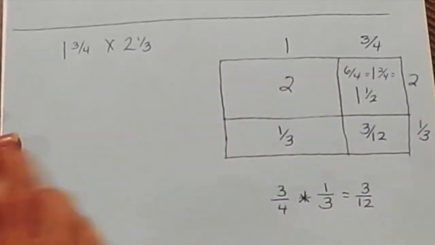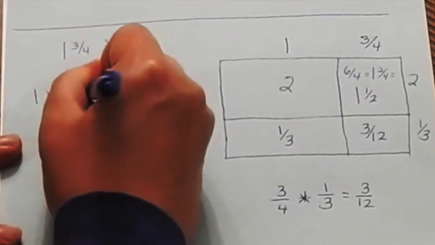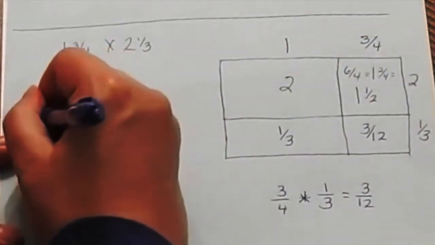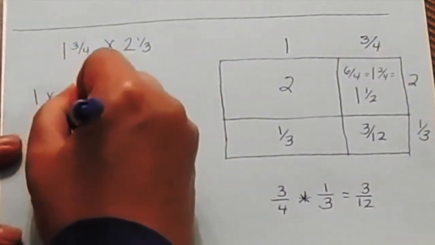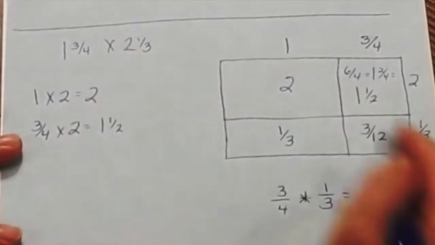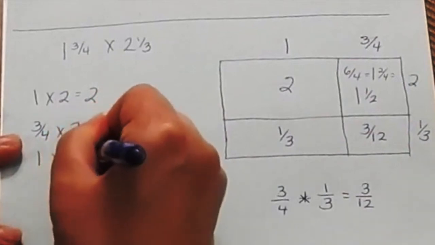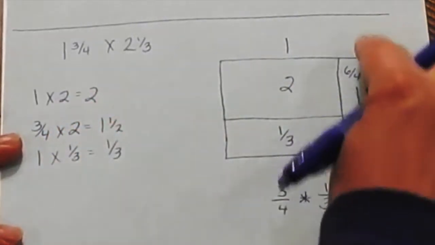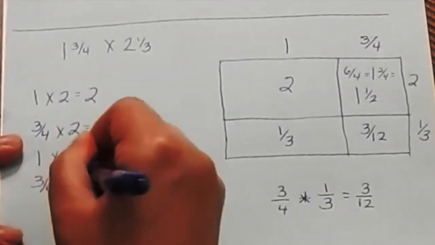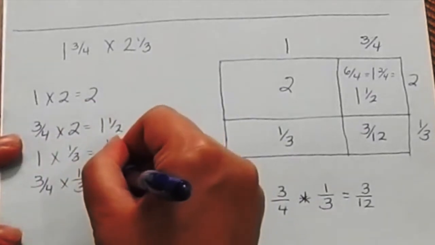My partial products then are 1 times 2 is 2. 3/4 times 2 is 1.5. 1 times 1/3 equals 1/3. And then 3/4 times 1/3 equaled 3 twelfths.